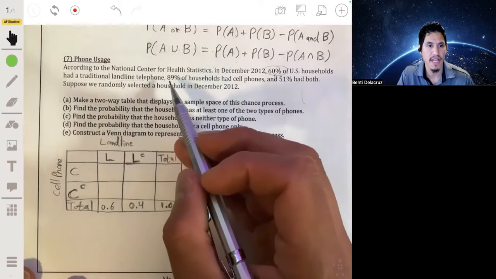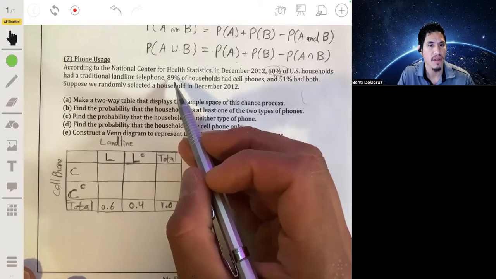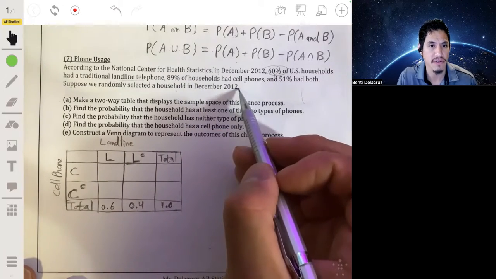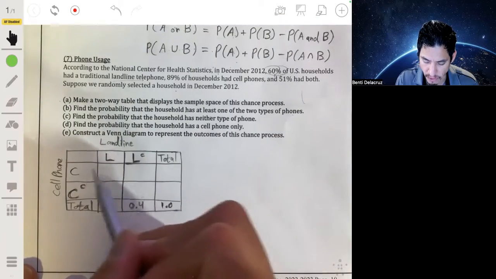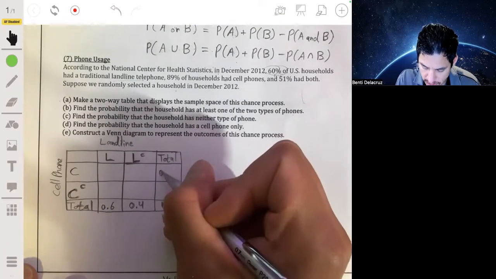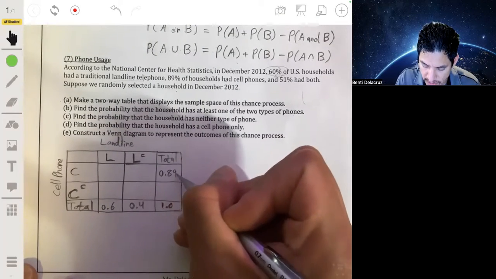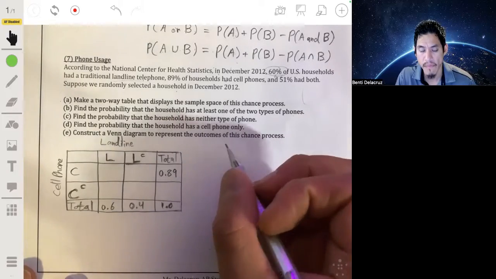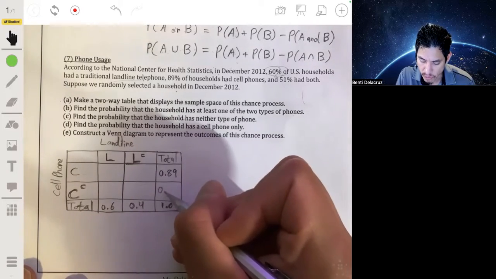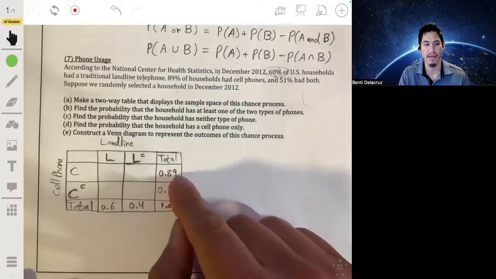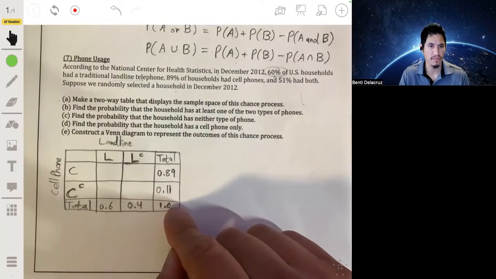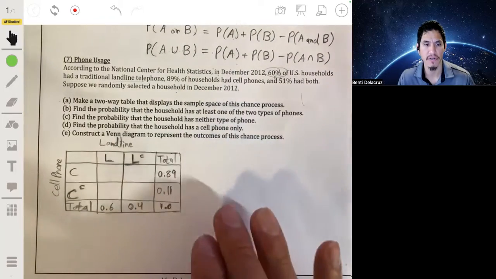Now, here it says 89% of households had cell phones. So we look for the total of cell phones. So this is the cell phone row, and in here I put 0.89, 89%. Then that means that 0.11 or 11% would go here, because 0.89 plus 0.11 would add up to 1. So I got my totals taken care of.